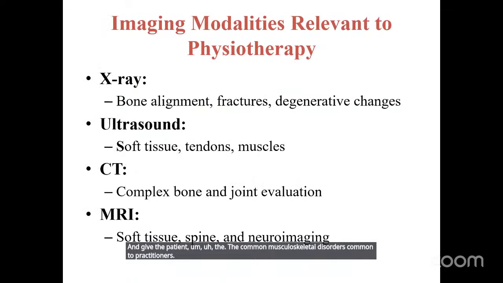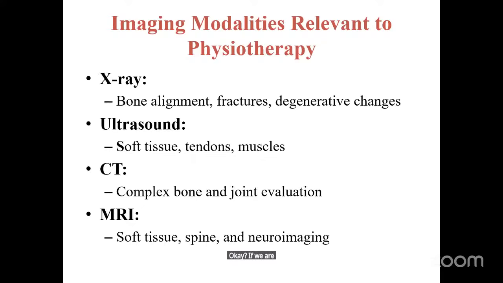If we are assessing them based on the imaging modality of X-ray, since it has sensitivity for bone, we should assess bone alignment, we should assess for possible fractures, and then for possible degenerative changes. Degenerative changes means that the bone margin, rather than being smooth, becomes irregular.